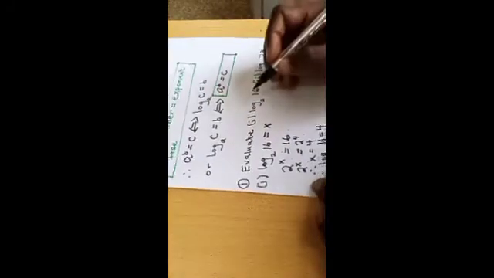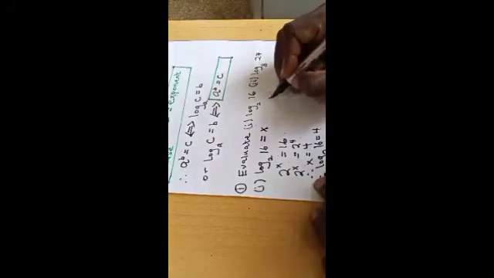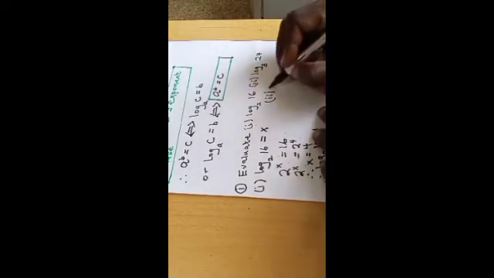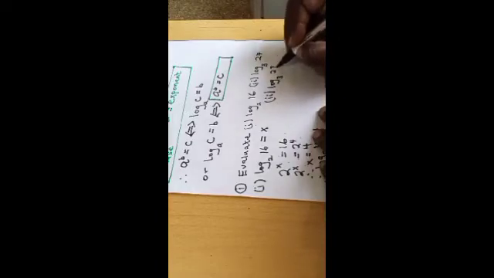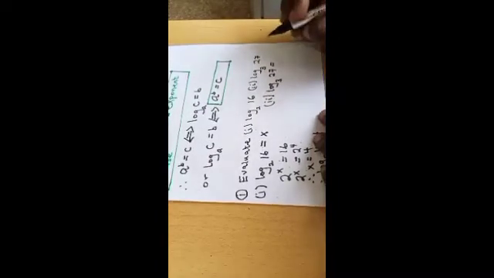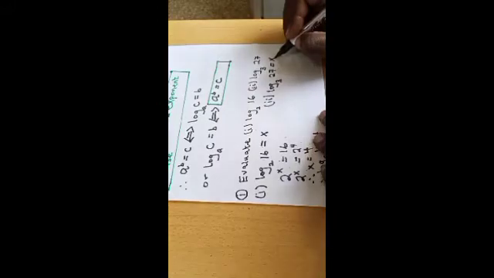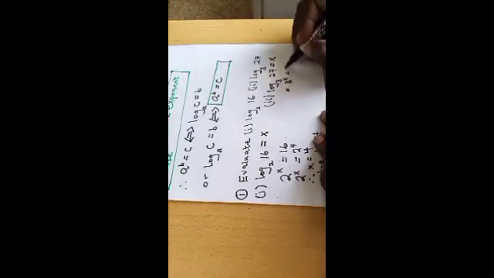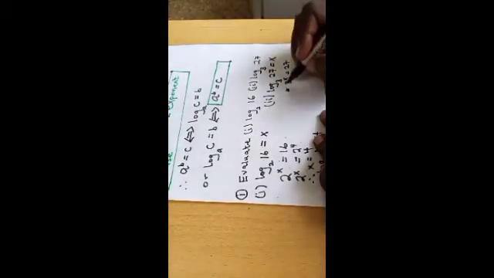That is (i). Now let's go to (ii). We have log base 3 of 27. Let's say it is equal to x as well. And so this means we are going to have 3 to the power x is equal to 27.